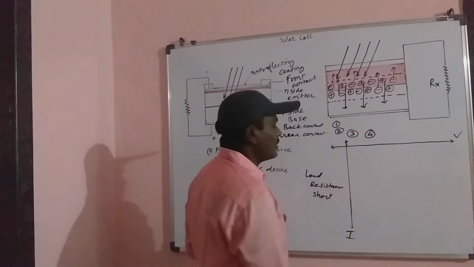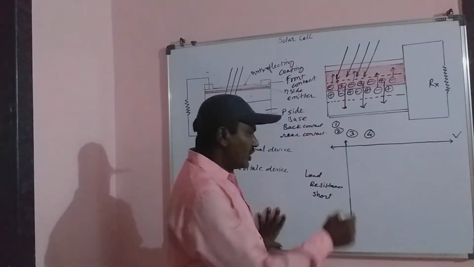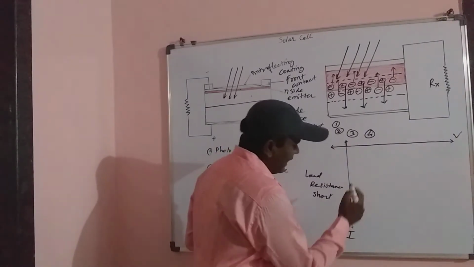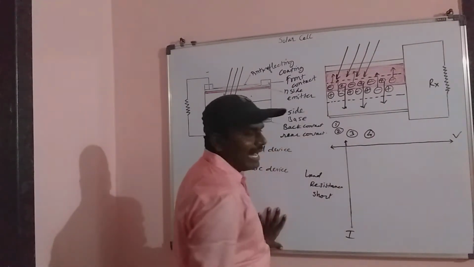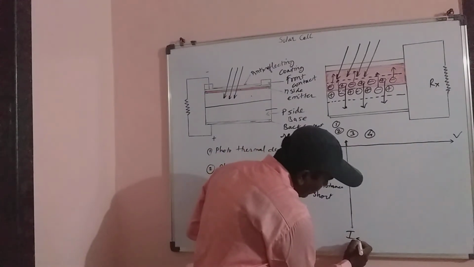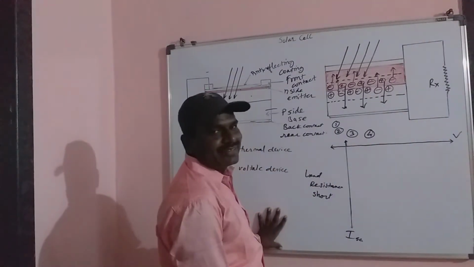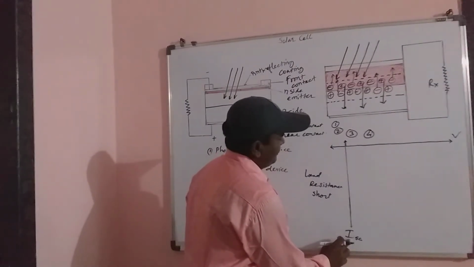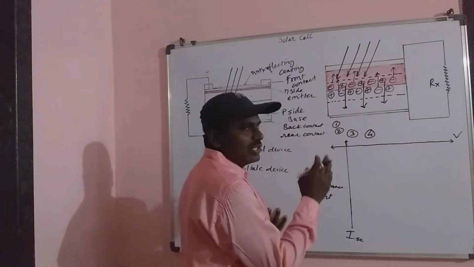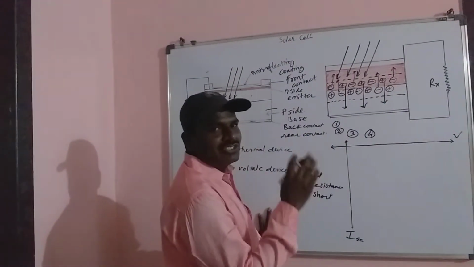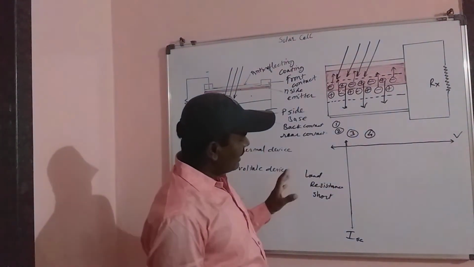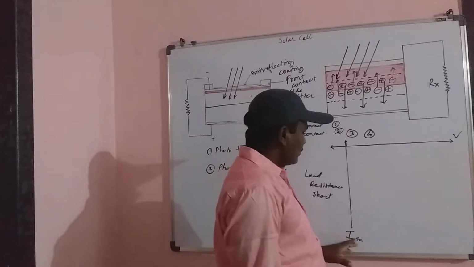Along the I axis, that current is called the short circuit current, ISC.